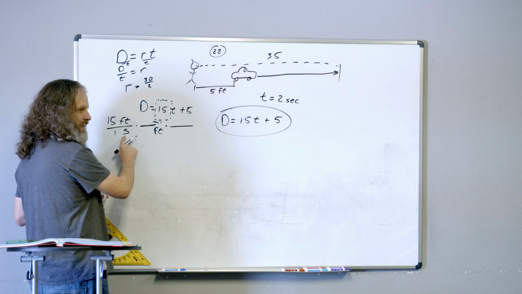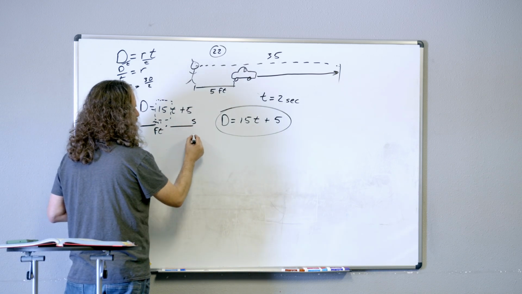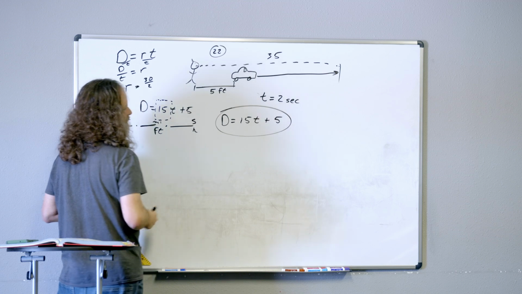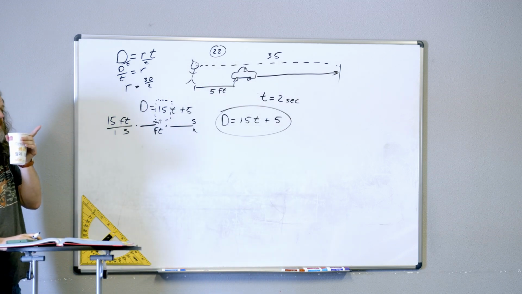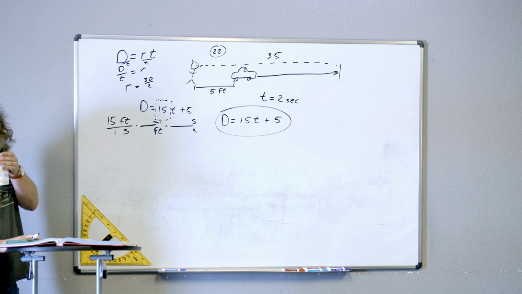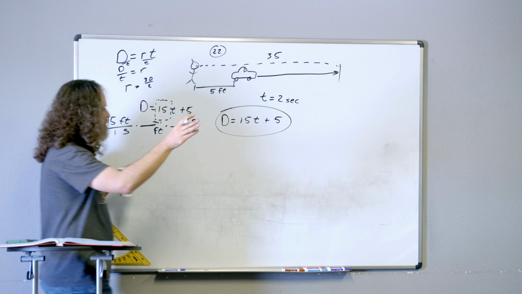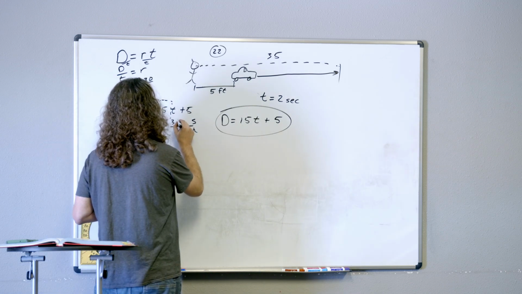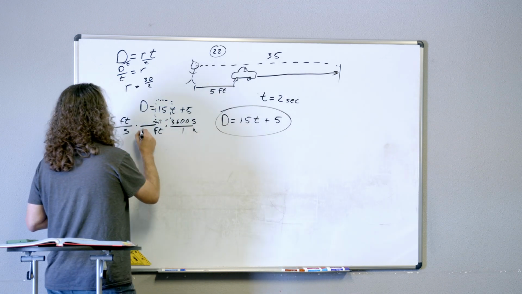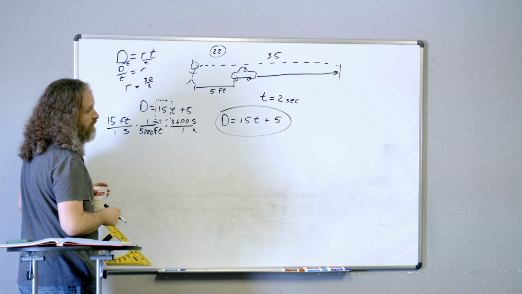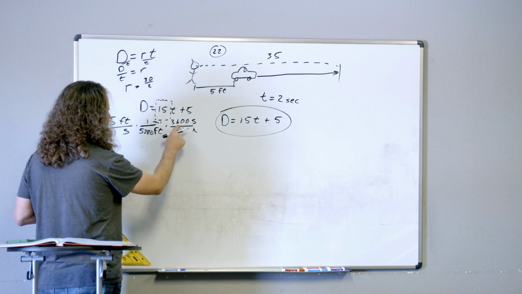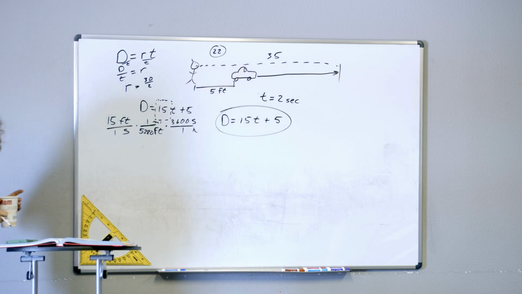We also want the seconds to go away, and we want to turn that into hours. How many seconds are in an hour? There's 60 seconds in a minute and 60 minutes in an hour. So 3,600. So in your calculator, you can do 15 times 3,600 divided by 5,280, enter, and you'll have miles per hour.